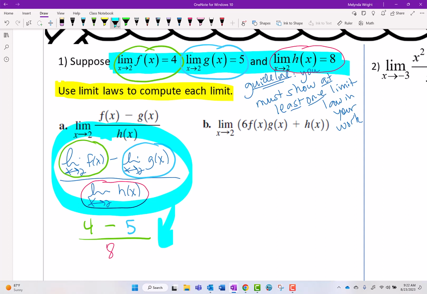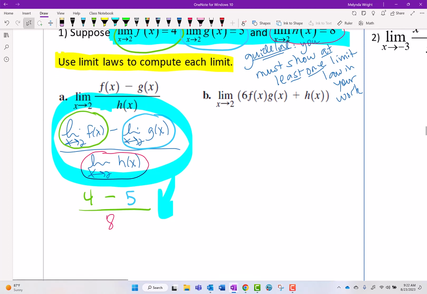Does that make sense? So we write it. We go down there. We do our little arithmetic. 4 minus 5 is -1 over 8. And that's my answer. And that's our first limit laws example. How are we doing? We okay? One more example, and then we'll go on to algebraic.